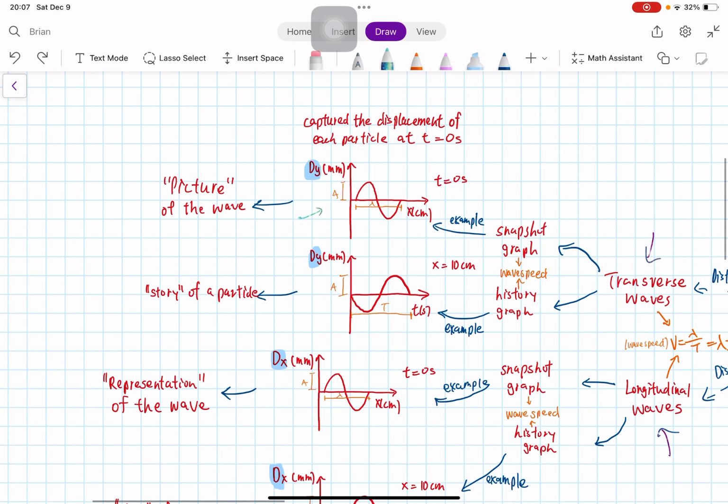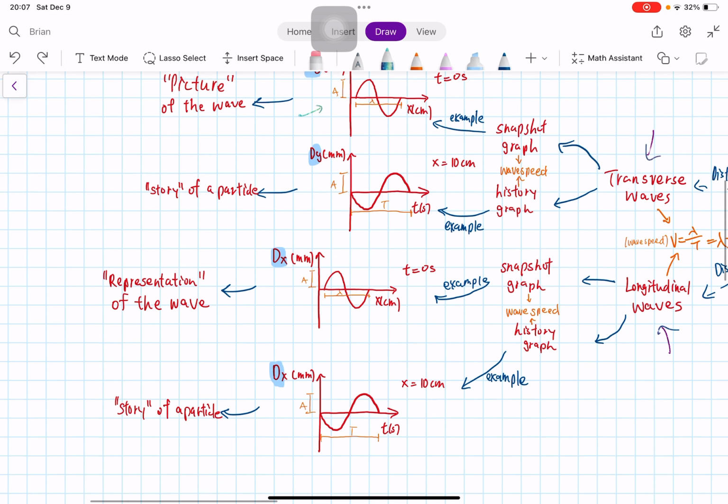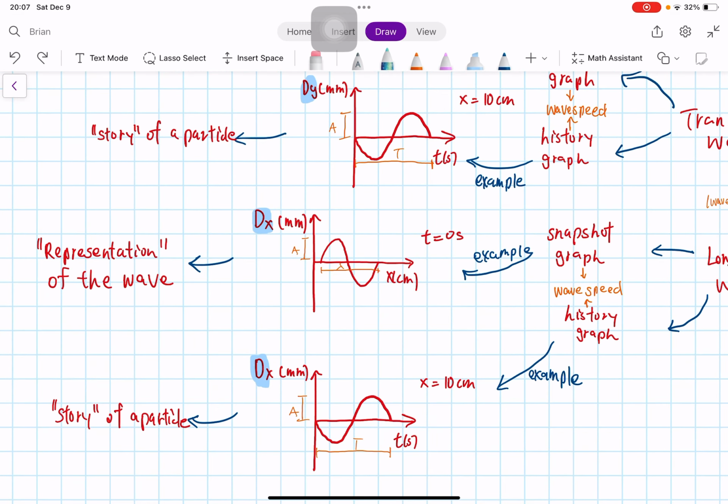So for transverse waves, the snapshot graph is like the picture of the wave, but the history graph is like the story of a particle. If we're looking at longitudinal waves instead, for the snapshot graph we take a particular time and stop the whole wave, and then we can have a graph similar to the transverse wave.